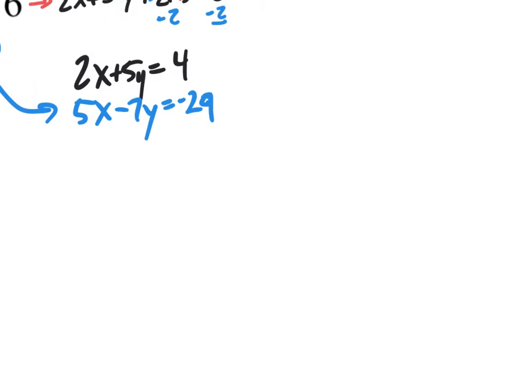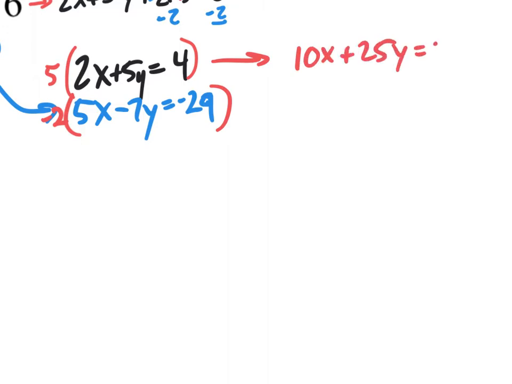I need either x's or y's to cancel. I am going to decide to cancel out the x's. So I need this 2x to become a 10x, and I need this 5x to become a negative 10x. So I'm going to multiply the top one by 5, and I'm going to multiply the bottom one by negative 2. So multiplying the top one by 5, I'll get 10x plus 25y equaling 20.